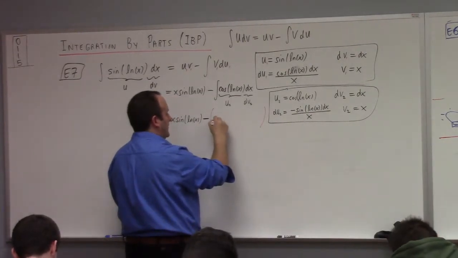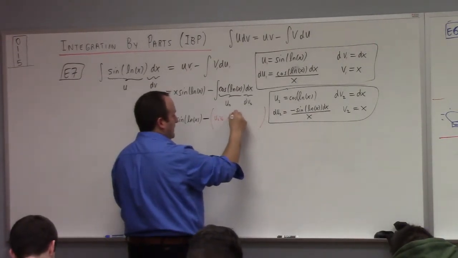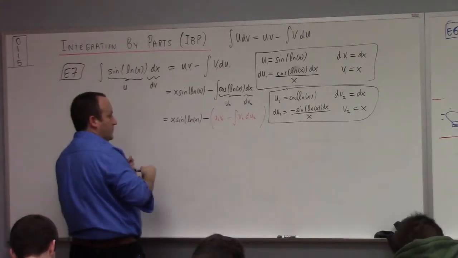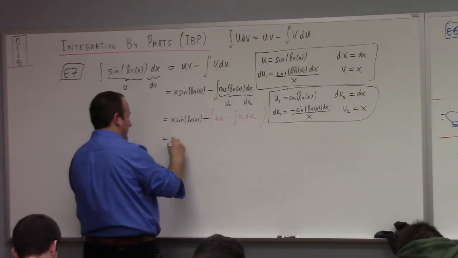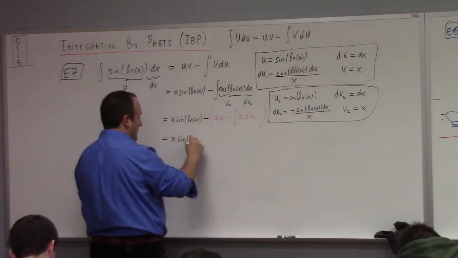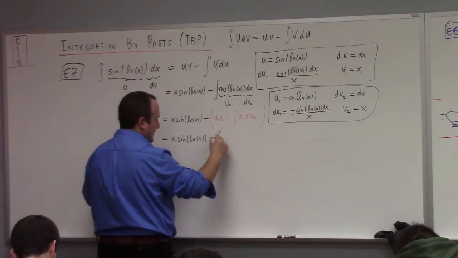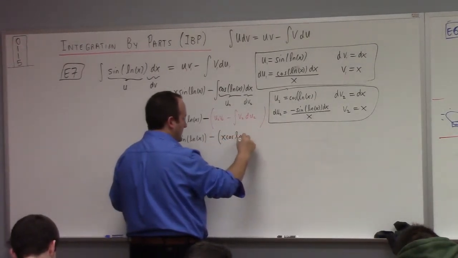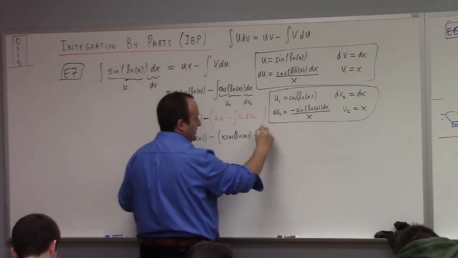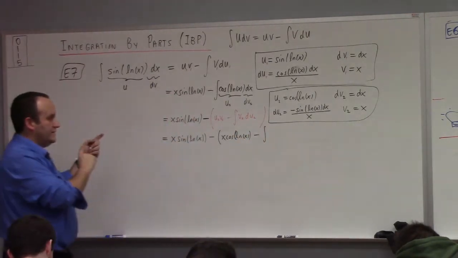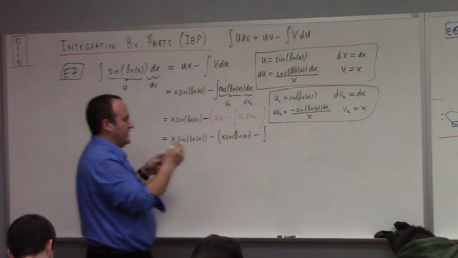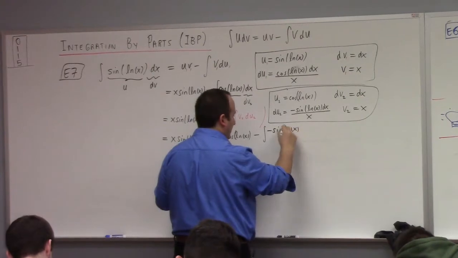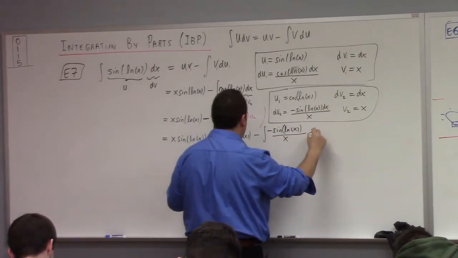I'll do it symbolic for a second here: u2 v2 minus the integral of v2 du2. x sine log x, still there, minus parentheses. u2 v2 is x cosine log of x minus the integral of, oh, look at it. This time, fine, I'll write it out: minus the sine of the log of x over x times x dx.